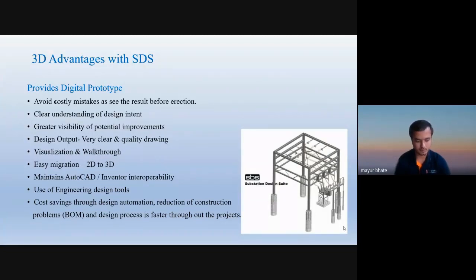So with this software, the interoperability is maintained. And cost savings can be achieved through design automation, a reduction of problems related to bill of material, and as the design process is faster throughout the project.